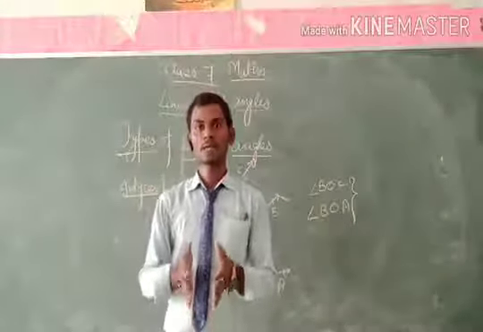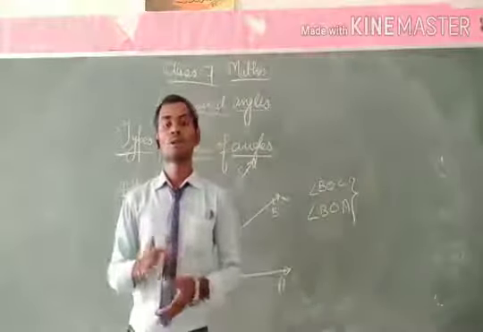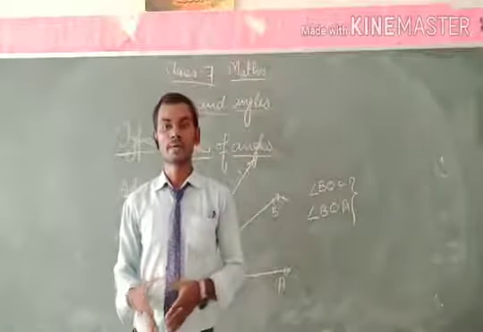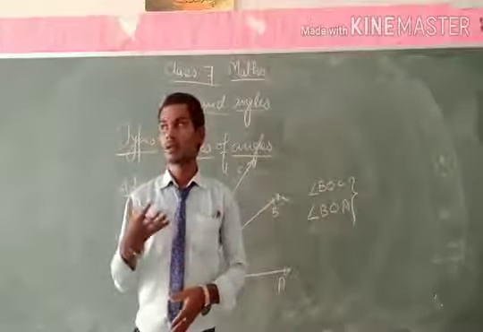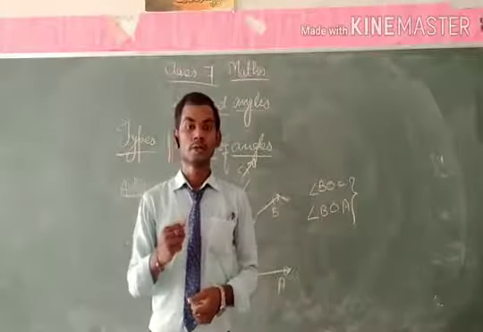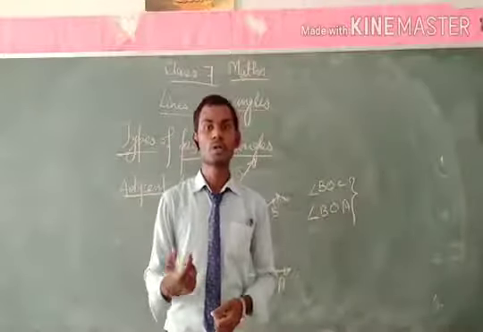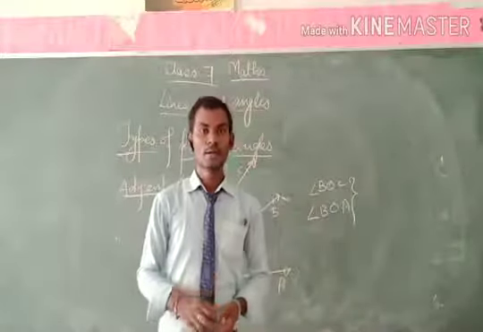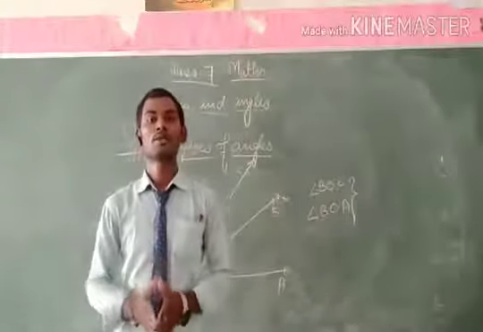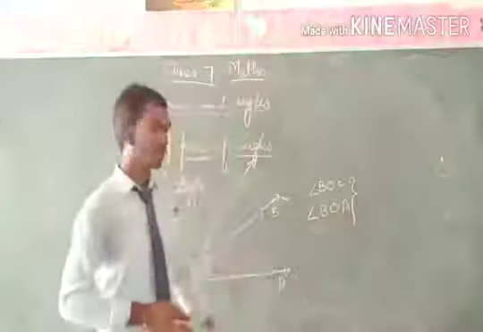Two angles are said to be adjacent angles if they have one common side, that is the arm, and one vertex, that is the corner point, and the other sides lie opposite to the common side. Then such a pair of angles is known as adjacent angles. I hope it is clear to everybody.